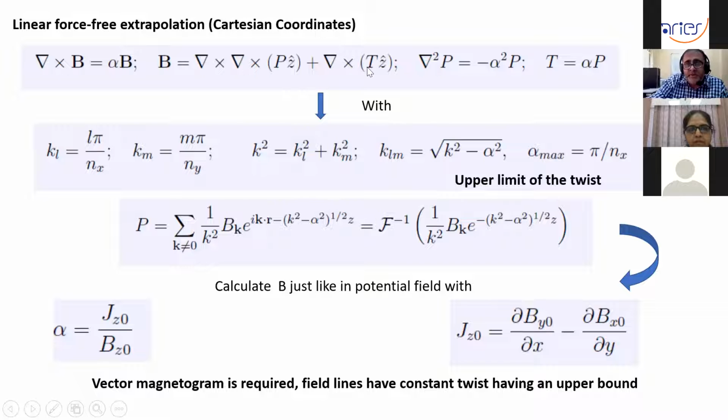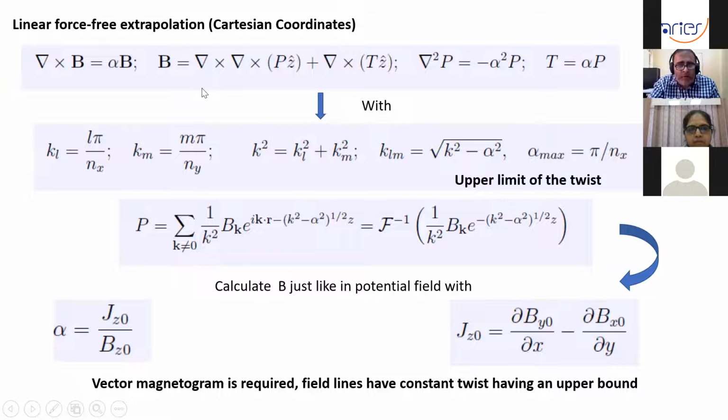Although this is done in Cartesian coordinates, one can solve it in every other coordinate system where the Laplace equation is separable. So this, when substituted into curl B equal to alpha B, gives you a Helmholtz equation, sorry, not Laplace equation, but a Helmholtz equation in this case, where T is chosen to be alpha times psi.